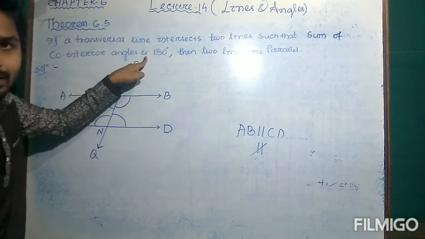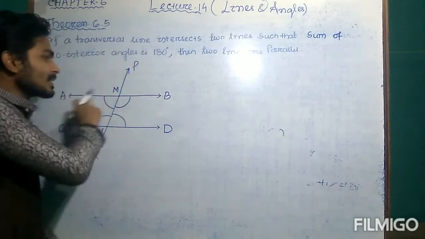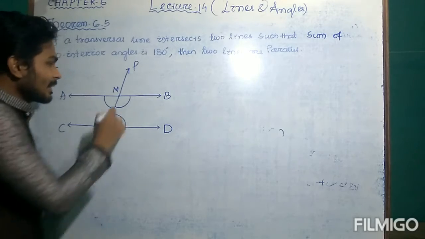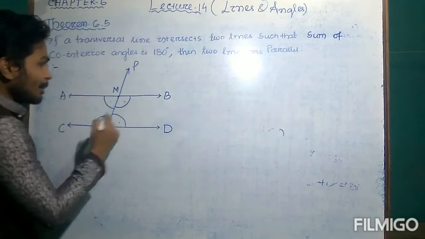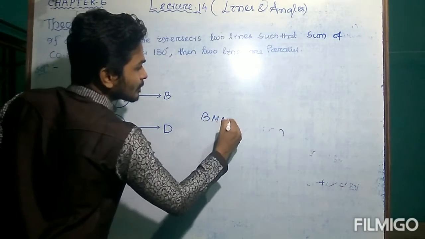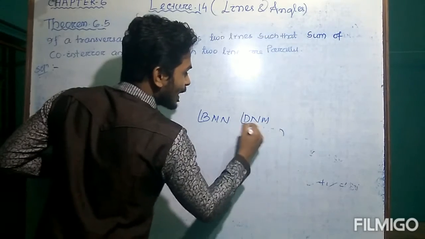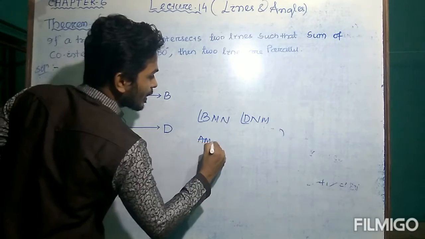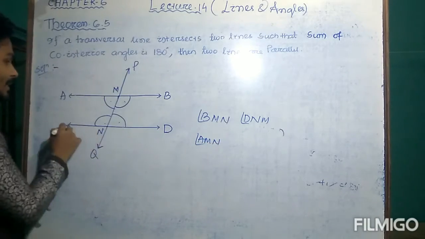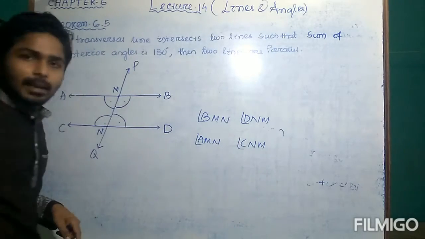This is the condition. The condition is that whenever a transversal line intersects any two lines, then we get two pairs of co-interior angles like BMN and DNM. This is one pair, and another pair is AMN and this angle CNM. So we will get two pairs of co-interior angles.